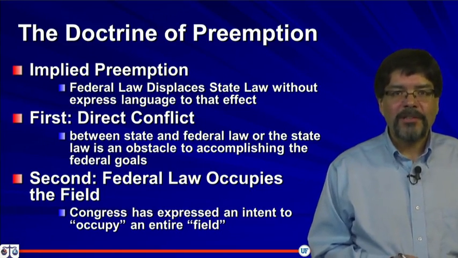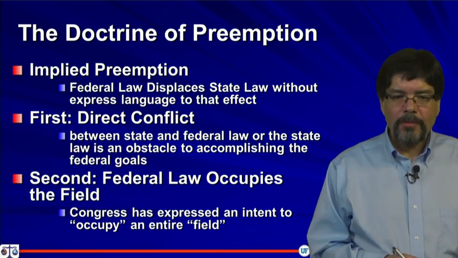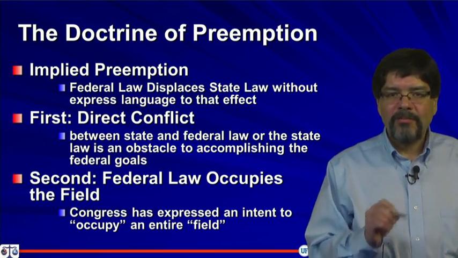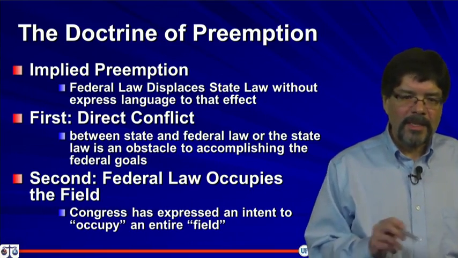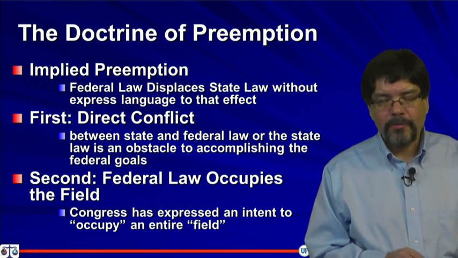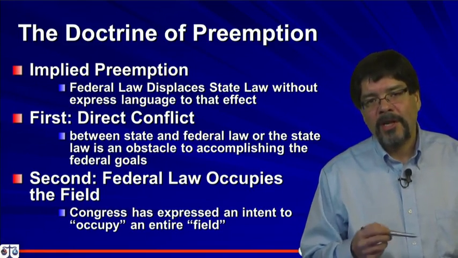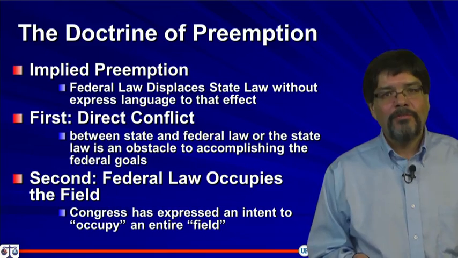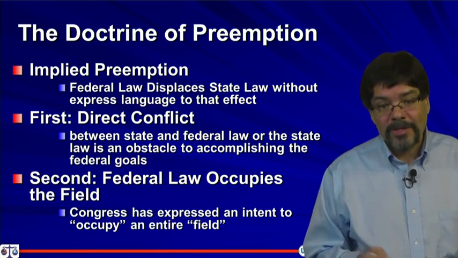One is when there is a direct conflict between state and federal law, or the state law is an obstacle to accomplishing the federal goals, but the federal legislation did not expressly occupy the field. The second one is that federal law occupies the field without saying that they completely intend to occupy the field. And these are questions for the courts. These are matters of judicial interpretation and judicial enforcement.